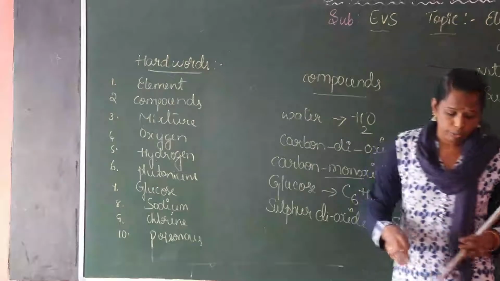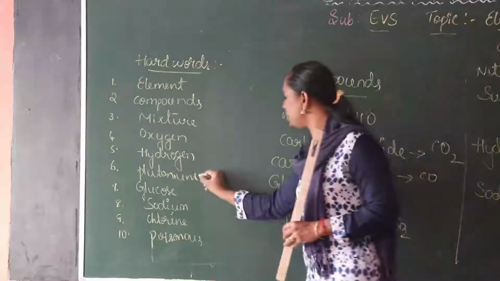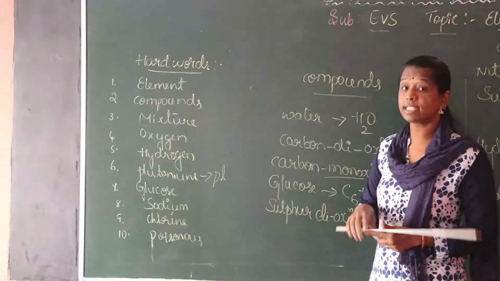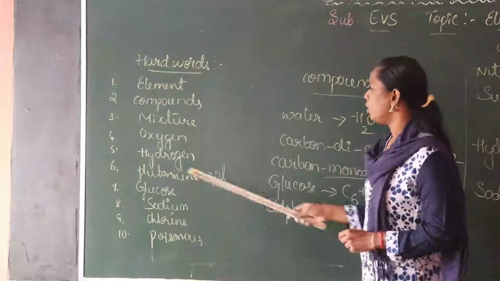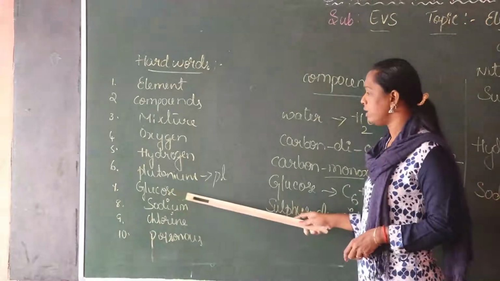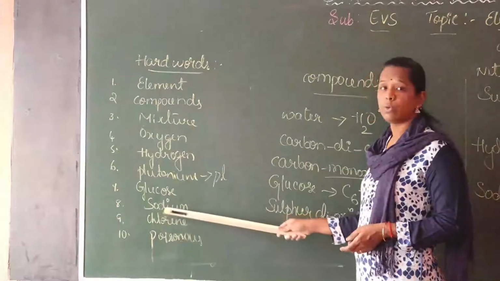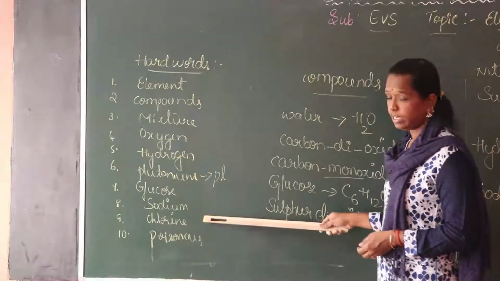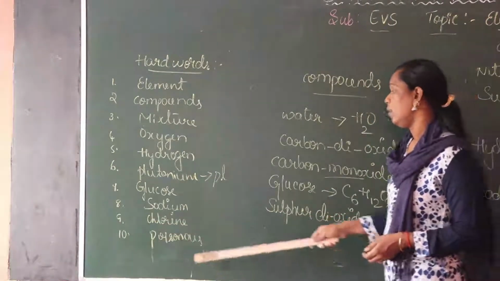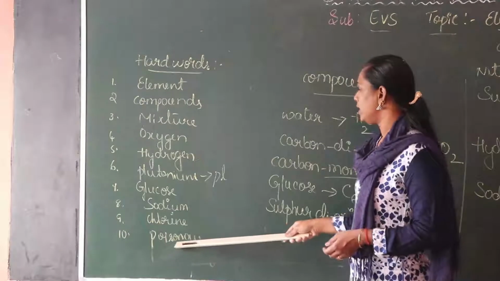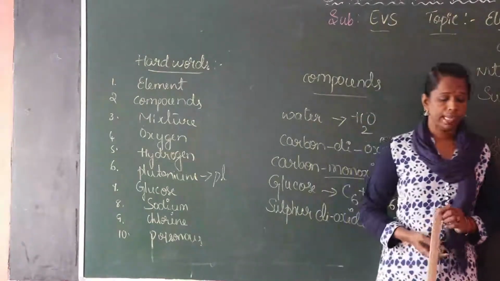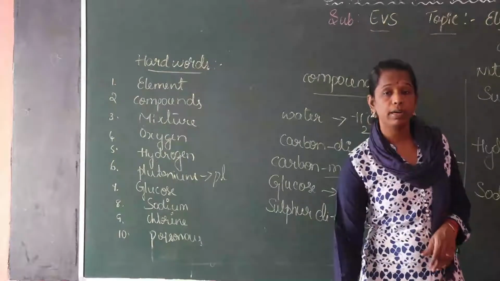So plutonium's symbol is Pu, whereas platinum's symbol is Pt. Glucose, sodium, chlorine, poisonous. So classwork I will send to your WhatsApp number.